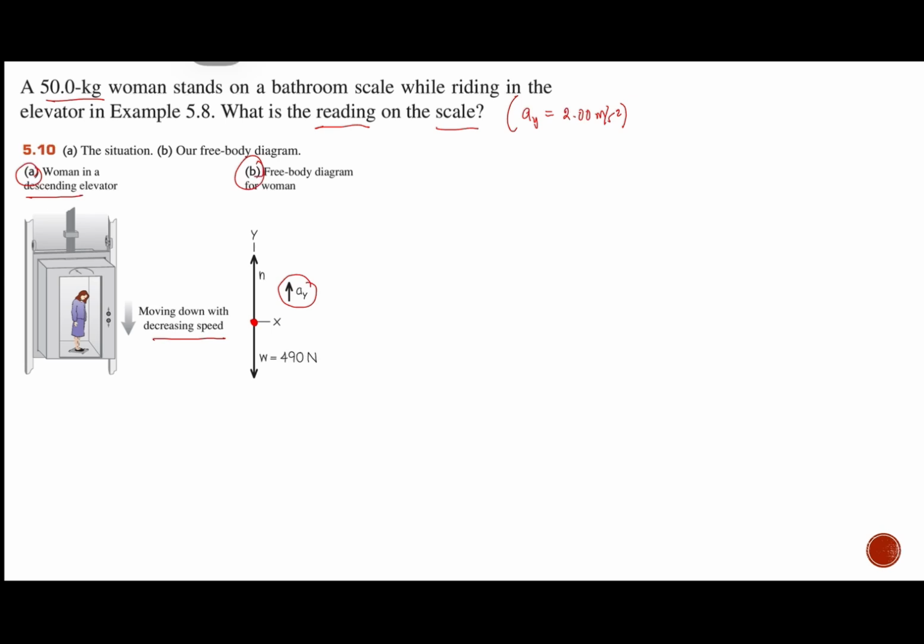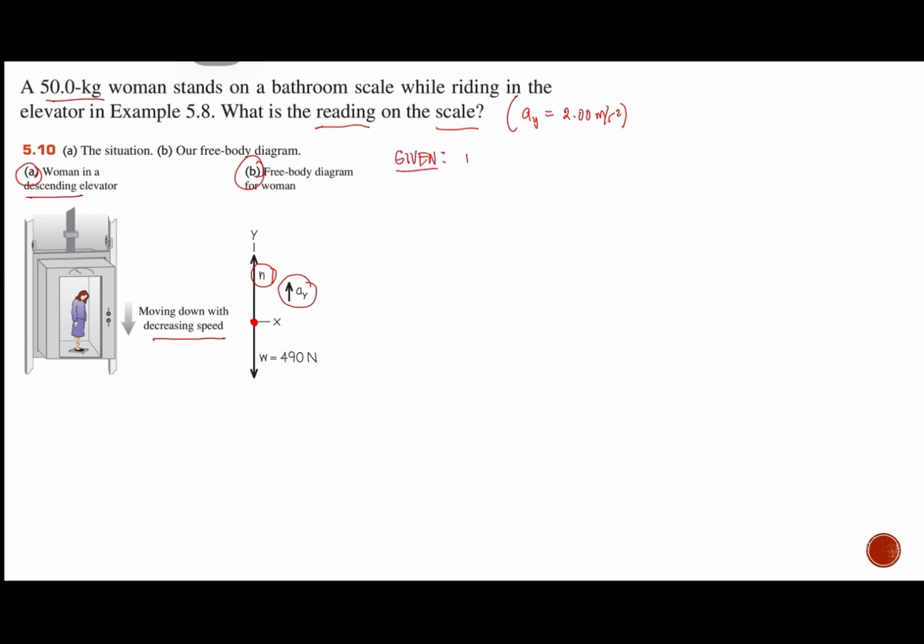So the value we are looking for will be the reading. What is the reading on the scale, which is our normal force? So we will be solving for the normal force. Let's start with the given values first.